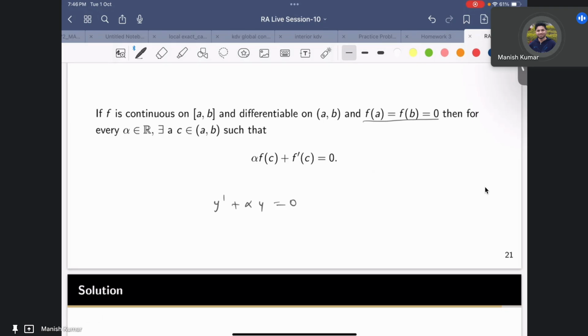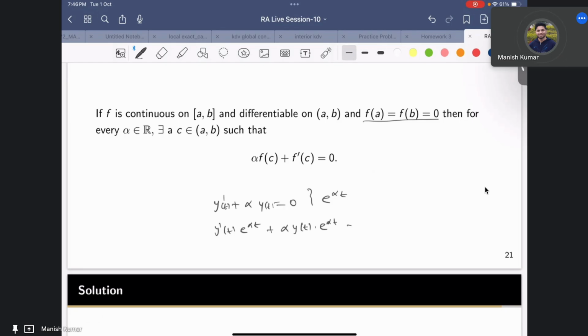Suppose this is y'(t) and y(t), so you multiply by e^(alpha t). Then you have y'(t) e^(alpha t) + alpha y(t) e^(alpha t) = 0.